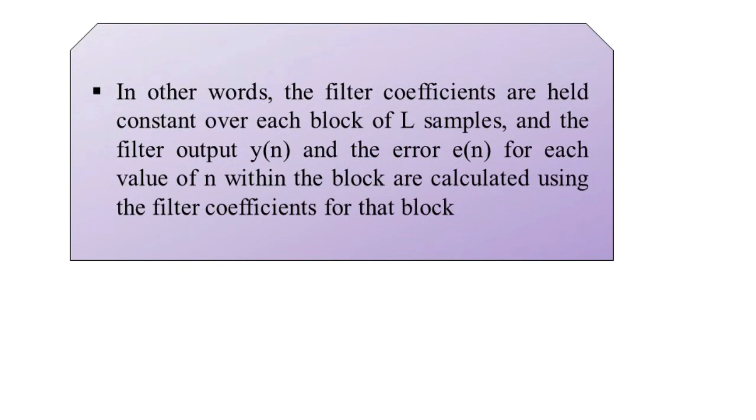Therefore, at the end of each block, the coefficients are updated using an average of the L gradient estimates over the block. Here we have the update equation for the coefficients in the kth block.